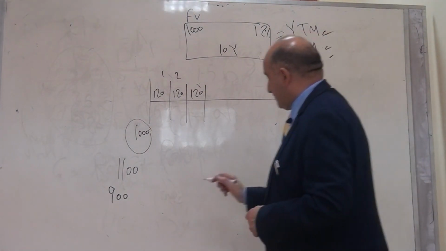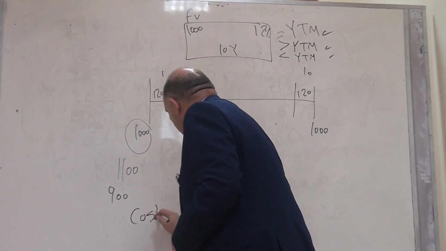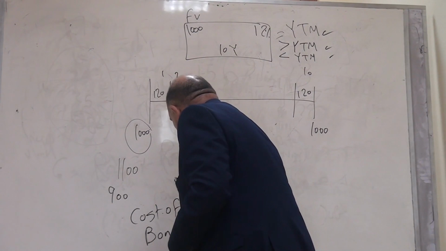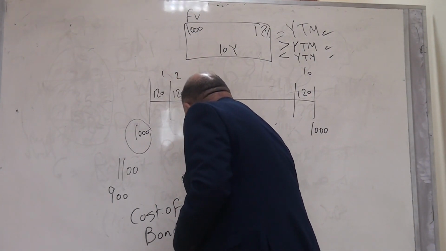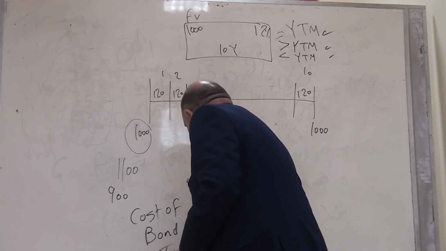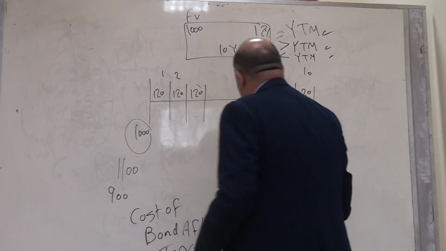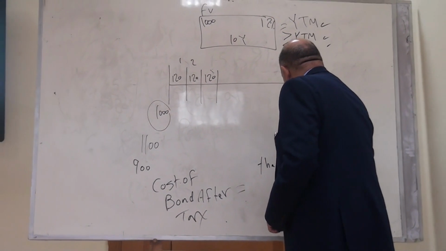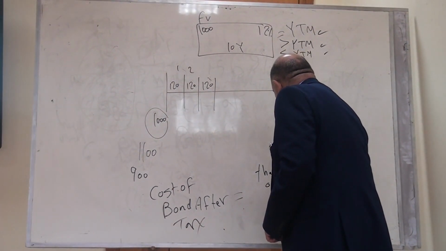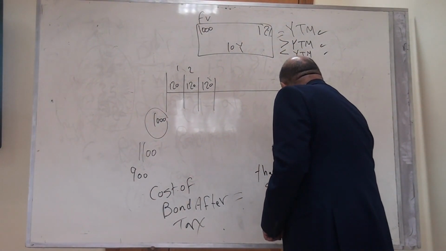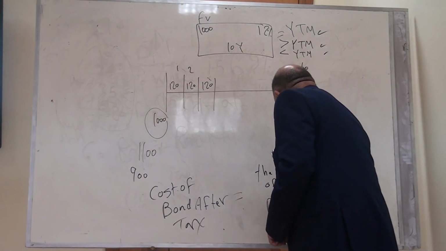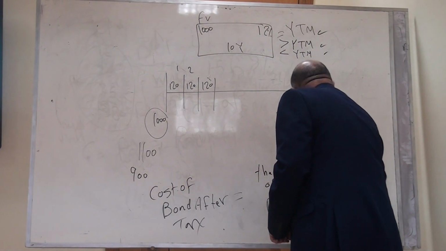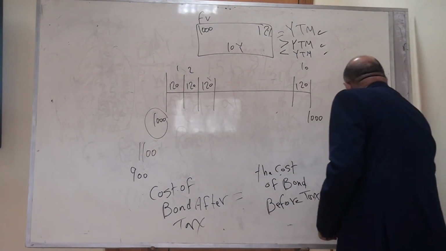In this case, the cost of bond after tax equals the cost of bond before tax multiplied by 1 minus the tax rate.